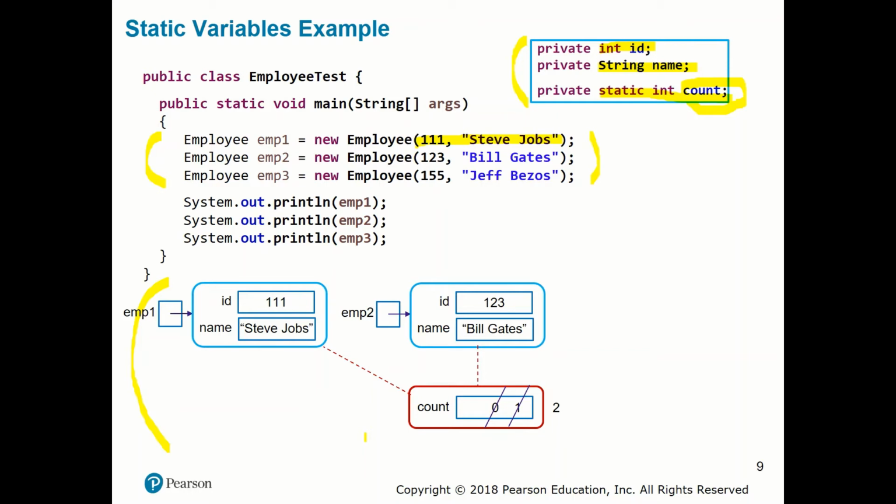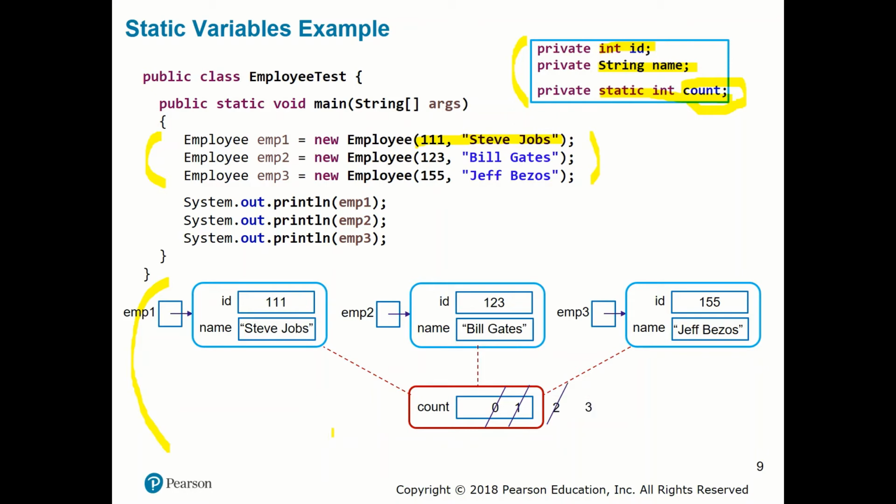Next emp3 is created like this, and emp3 also has a connection with count. Then count is incremented by 1, so count is 3.